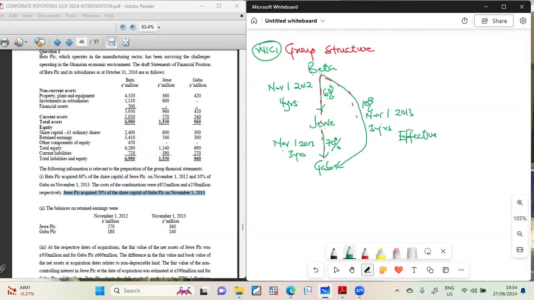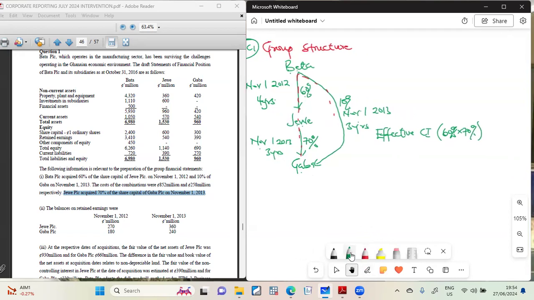But what about Better and GABA? What is the effective control? The effective interest, therefore, will be what? 60% by 70%. Then he also bought directly 10%. So plus 10%.